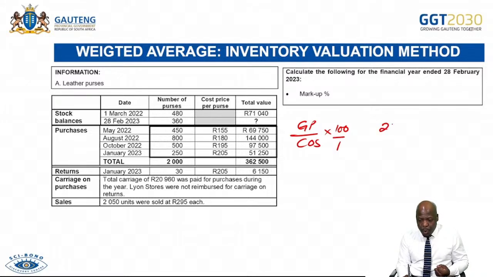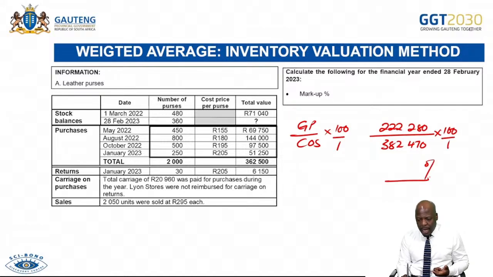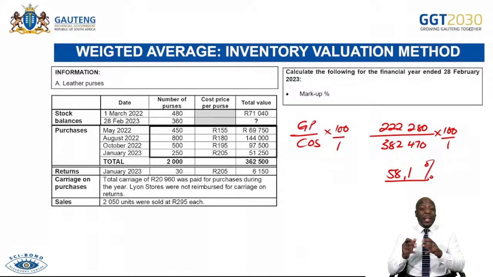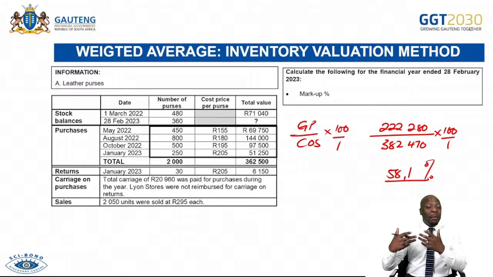That was your 222,280. And then we divide that by the cost of sales. We got that, remember, which is our 382,470. And then you multiply everything by 100/1. And we get 58.1%. If you look at the demands of this paper, it did not want all of this. But it's us, of course. When we get an opportunity to practice, we can always drag it a bit further.